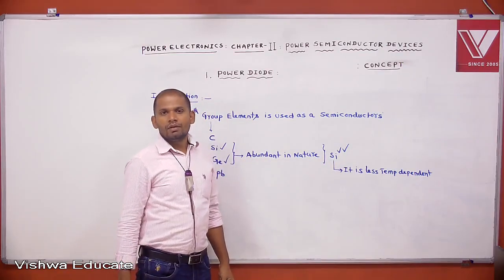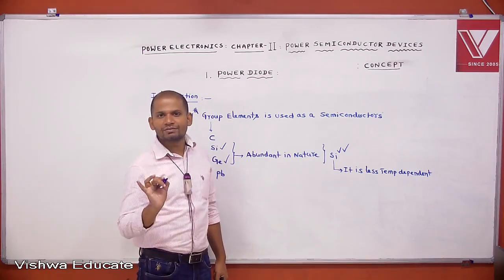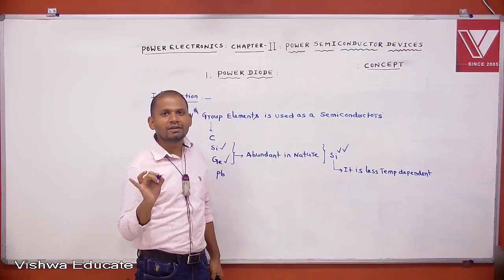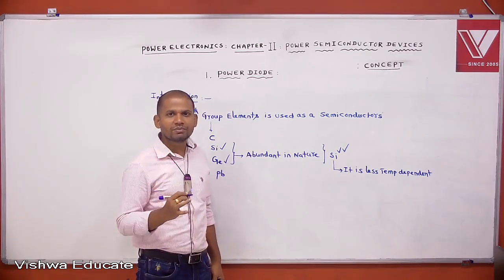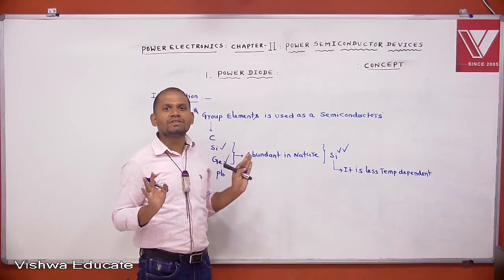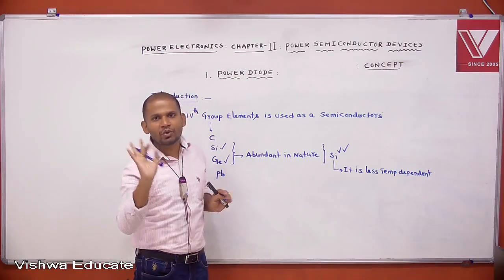In the selection of semiconductor devices, the device which is less sensitive to temperature is more favorable. In general, semiconductor devices are more sensitive to temperature because of negative temperature coefficient.